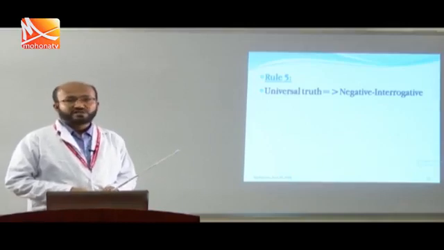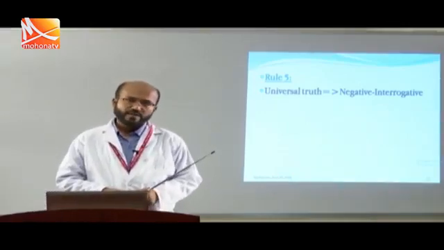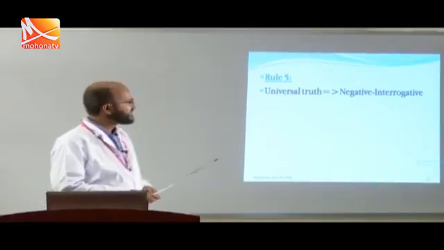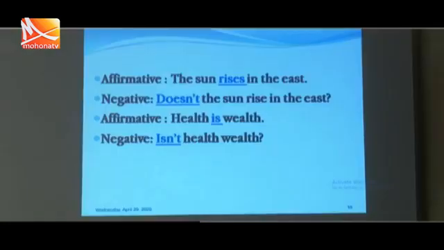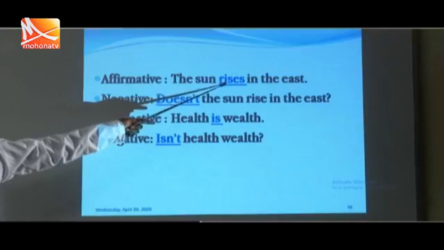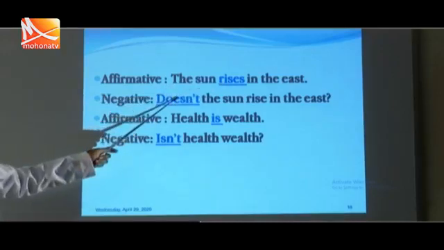Universal truth. This is also very important. Negative, interrogative. You see here, universal truth. Okay, fine. The sun rises in the east. So, can we remember? This is universal truth. So, negative. See here, rises. S, does. Why the not here?